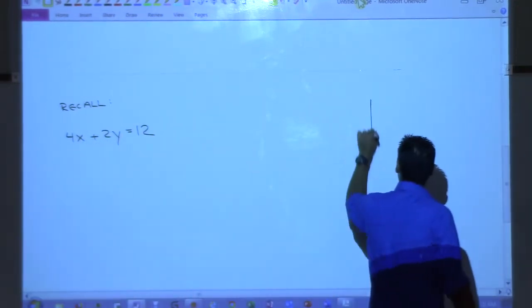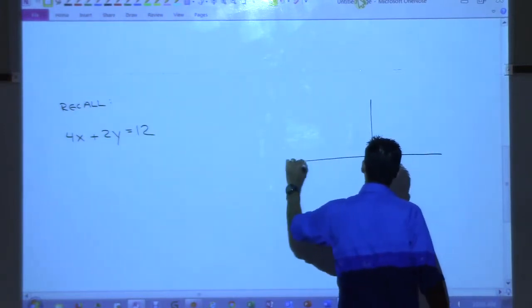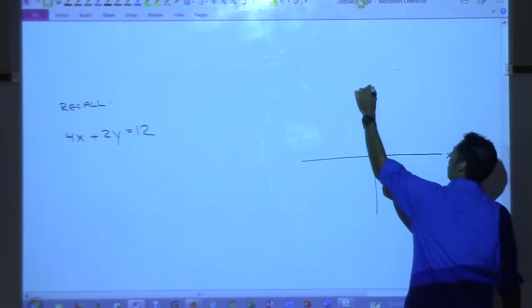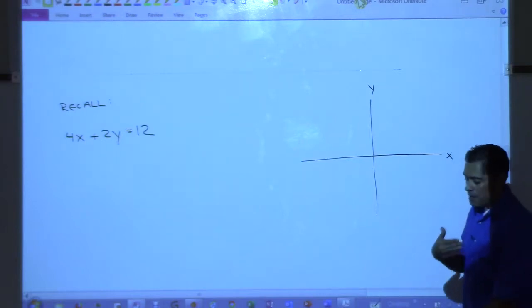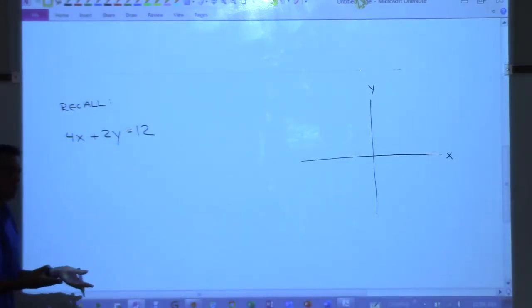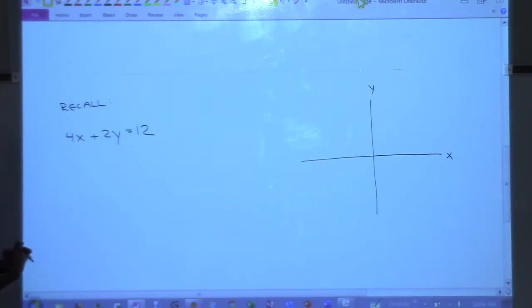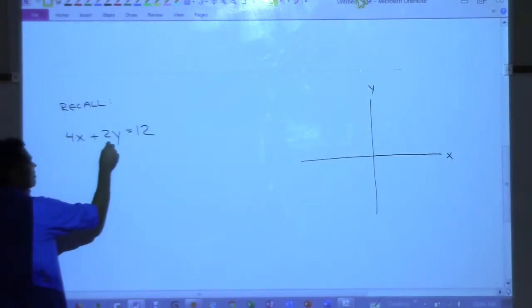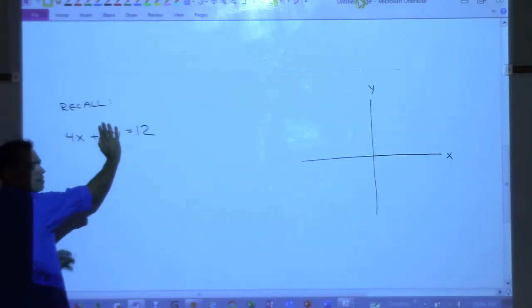If I go graph this, this was x, right? And this was y. If I were to be doing this graph, I would do the intercept method. So I would find the x-intercept first. So to find the x-intercept, what do? Set y to 0, right? So if I set y to 0, that's gone. Solve that for x, I get 3.